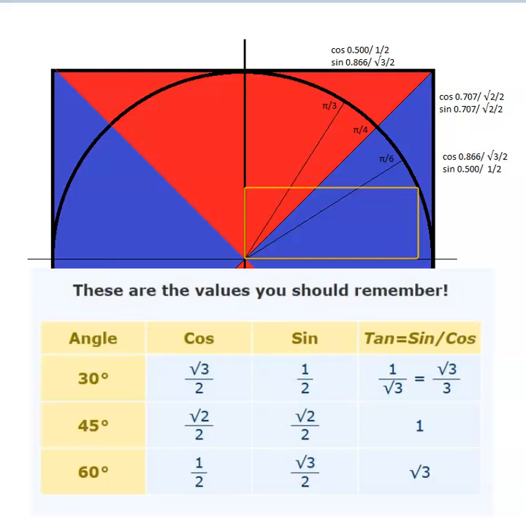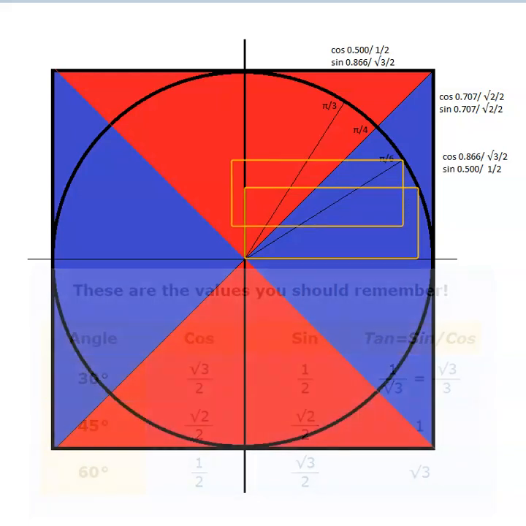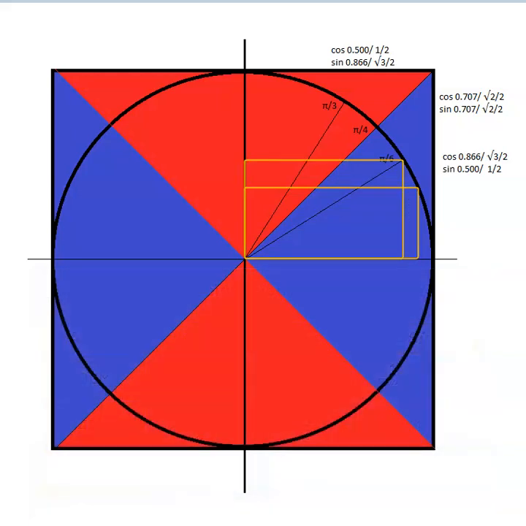So if I was to draw a rectangle here, this lands exactly 0.5 for our sine value.